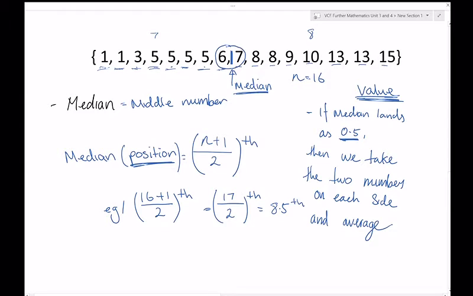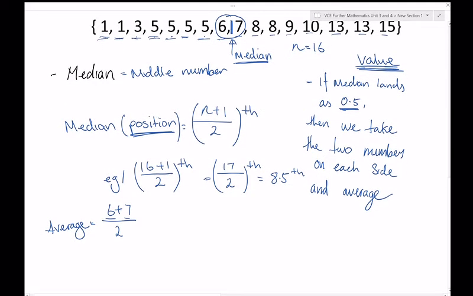So remember we said that the average would be equal to 6 plus 7 divided by 2, okay? So the sum of them divided by how many there are: two numbers, the number 6 and the number 7. So the average will come out to be 13 on 2, which is 6.5.